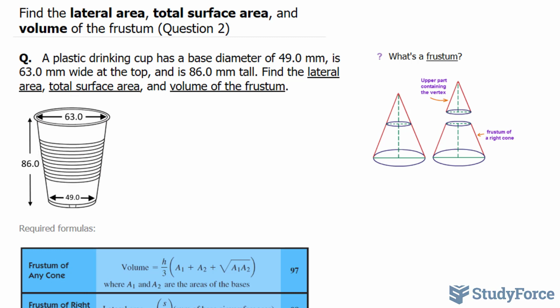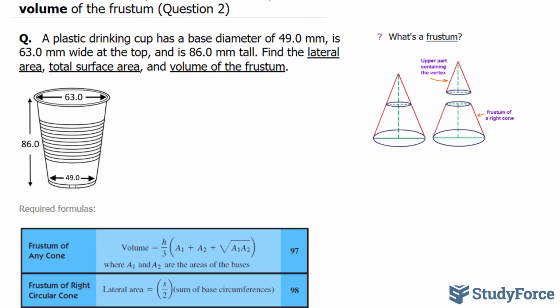The first thing that we will solve for is the volume with the help of this formula, where volume is equal to h over 3 times the area of the first base plus the area of the second base plus the square root of the product of area 1 times area 2. The height of this shape is 86, so I'm going to write down 86.